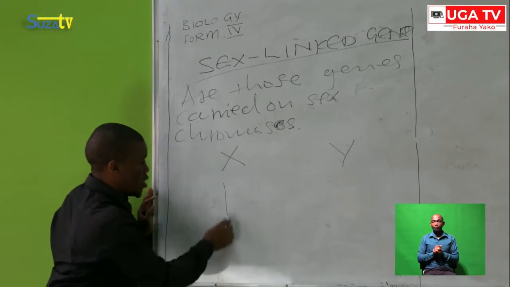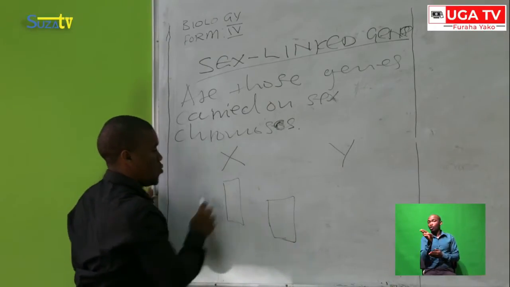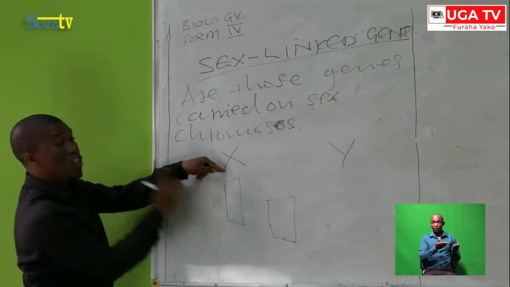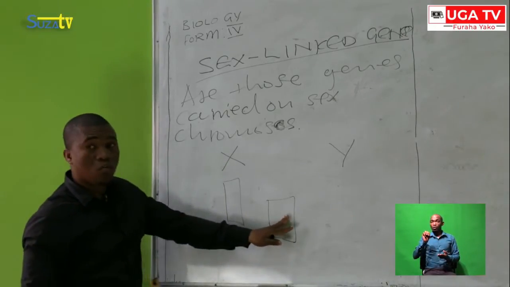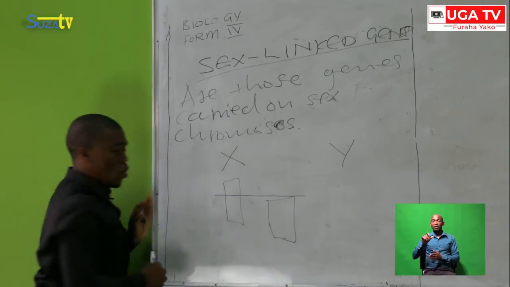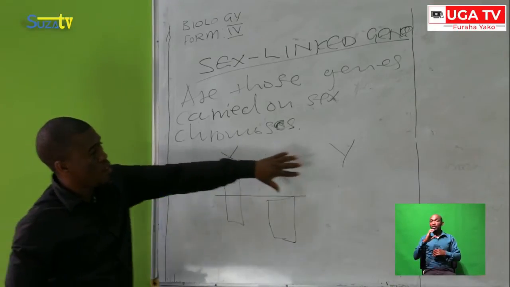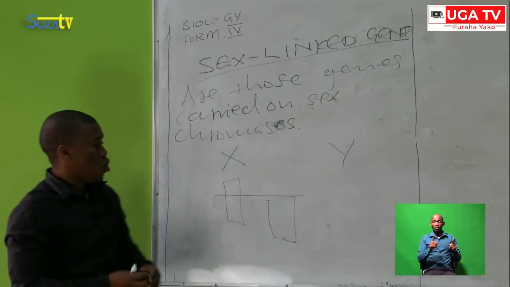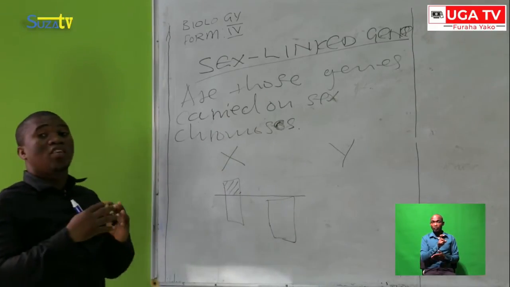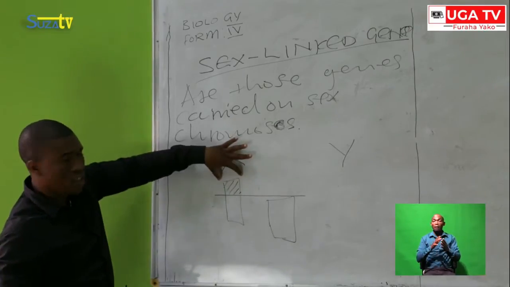Structurally, these chromosomes differ in their size. If you look at their size, the X chromosome is larger than the Y chromosome. Sex-linked genes are mostly carried on the X chromosome rather than the Y chromosome, because the X chromosome possesses extra space to carry more linked genes.